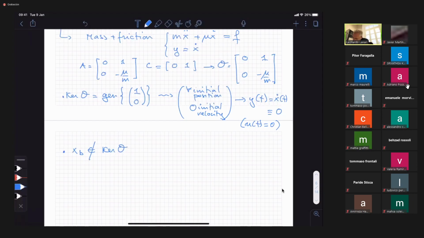For example, let's start with 0 initial position and a given initial velocity, of course non-zero. Well, this gives as output velocity c e to the at v0.